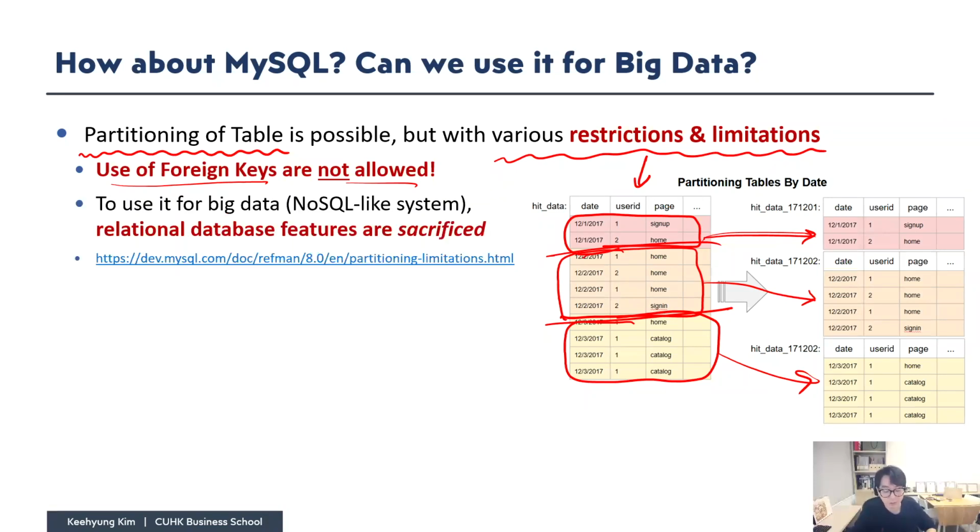If you use a traditional relational database system for big data purposes like a NoSQL system, you will lose relational database features. Those will be sacrificed to provide NoSQL-like features. That's something you have to consider. I'm not going to go into too much detail, but if you go here, there is a lot of information about the restrictions and limitations when you use MySQL to act like NoSQL.